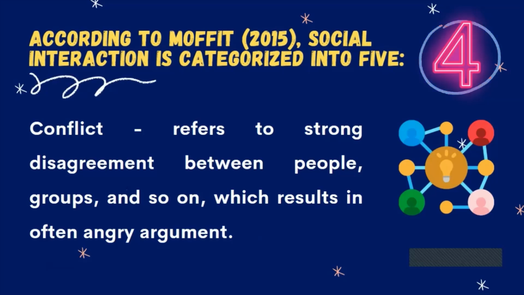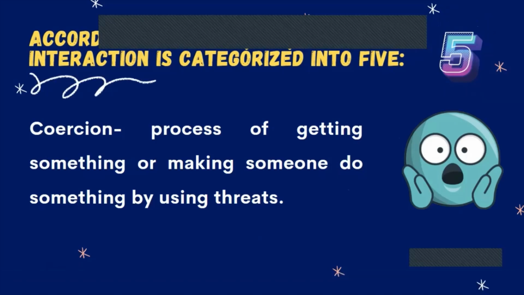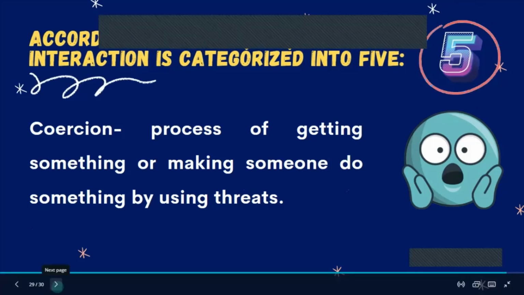So we are interacting because we want to resolve a conflict. Lastly, we have coercion. This is the process of getting something or making someone else do something by using threats. This is not a good trait, however, it also happens in communication. We coerce other people for our goals to become materialized.